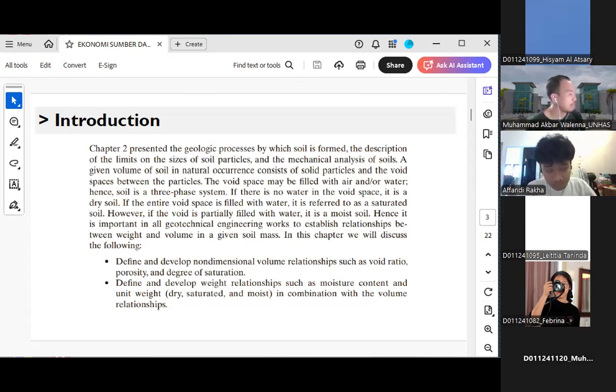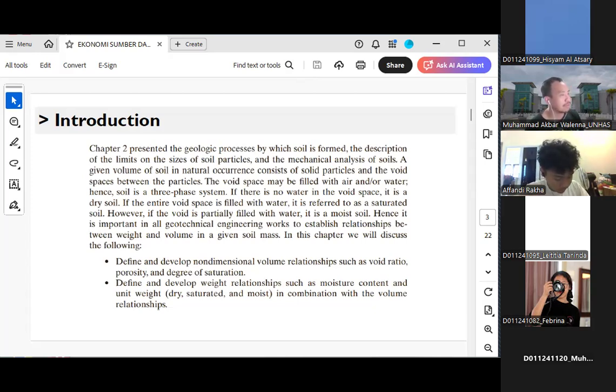In what aspects is it going to affect? It affects the strength of the soil. It affects the compressibility of the soil. It affects the stability of rock. I'm going to explain this later in the next weeks, but to give you a brief illustration of how it affects the strength.